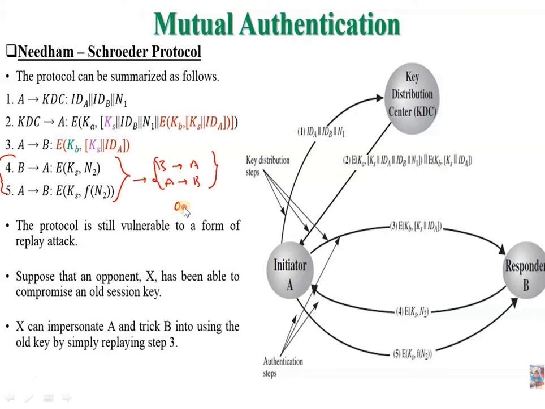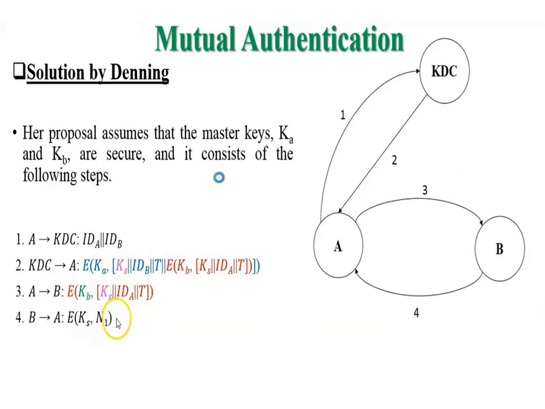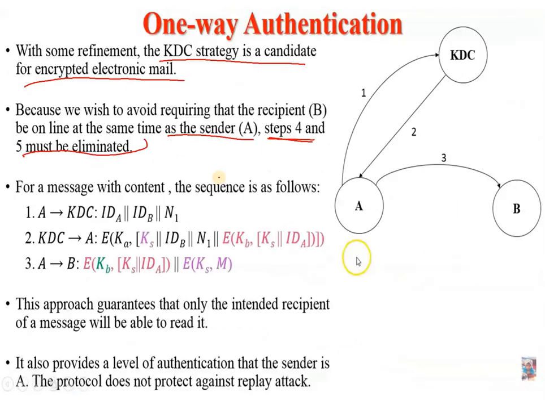But now we are talking about only one-way communication, hence these last 2 steps are removed. You can see here the message sequence: from A to KDC, from KDC to A, and from A to B. The 4th step was from B to A, and the 5th step was from A to B. These 2 have been eliminated, and so it becomes one-way authentication.